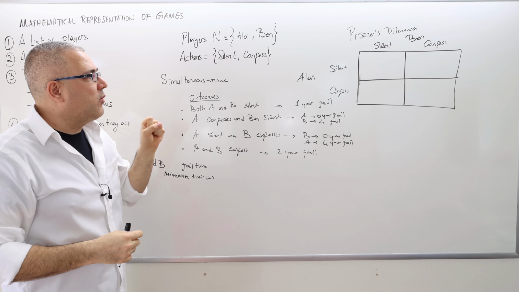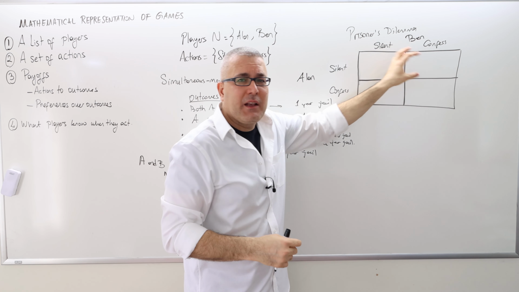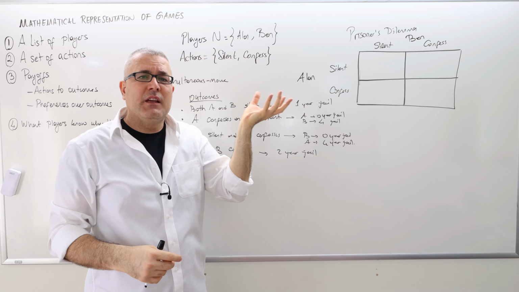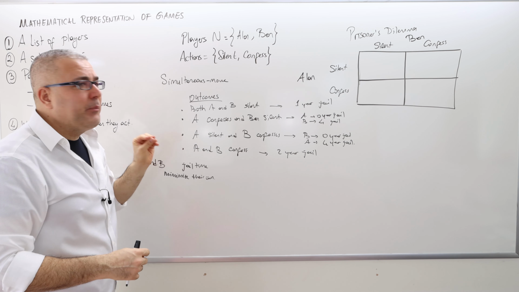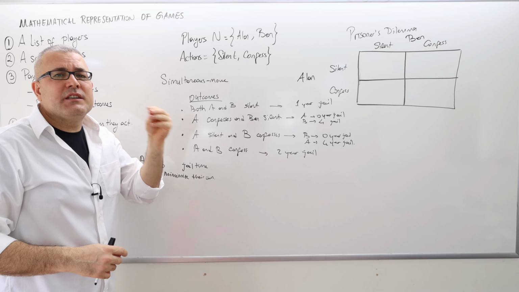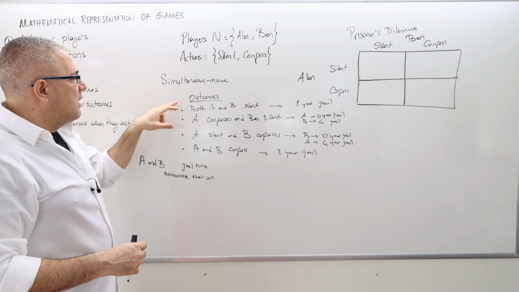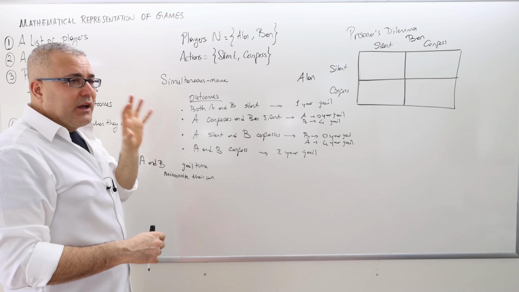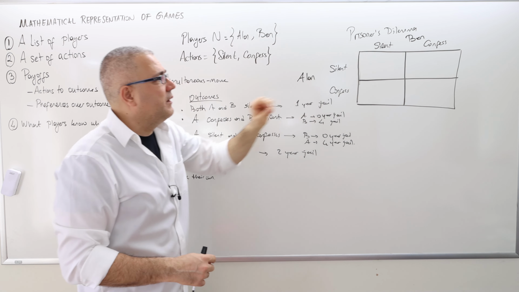As a result, I have 4 boxes, representing 4 outcomes. So now I'm going to put in the payoffs. And remember here, the payoffs are the years in jail. So that's what they care about. So here's how I put those outcomes and the payoffs into the matrix.